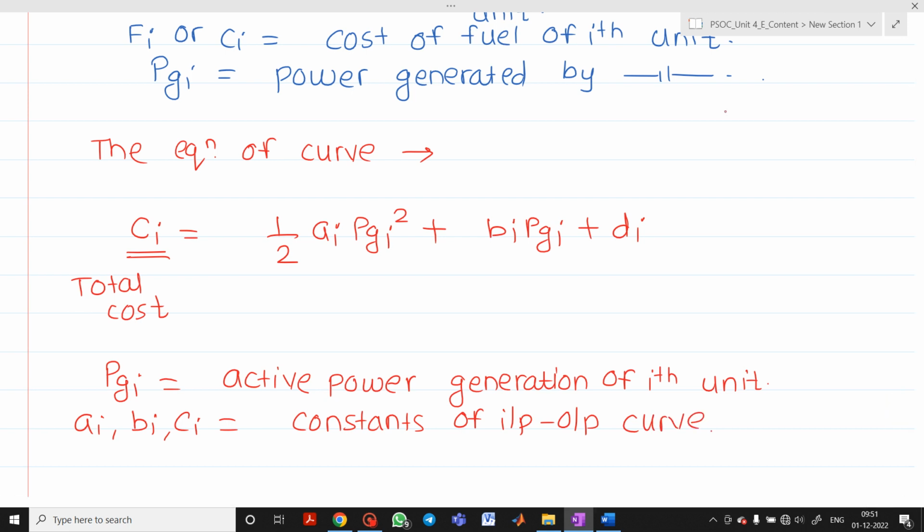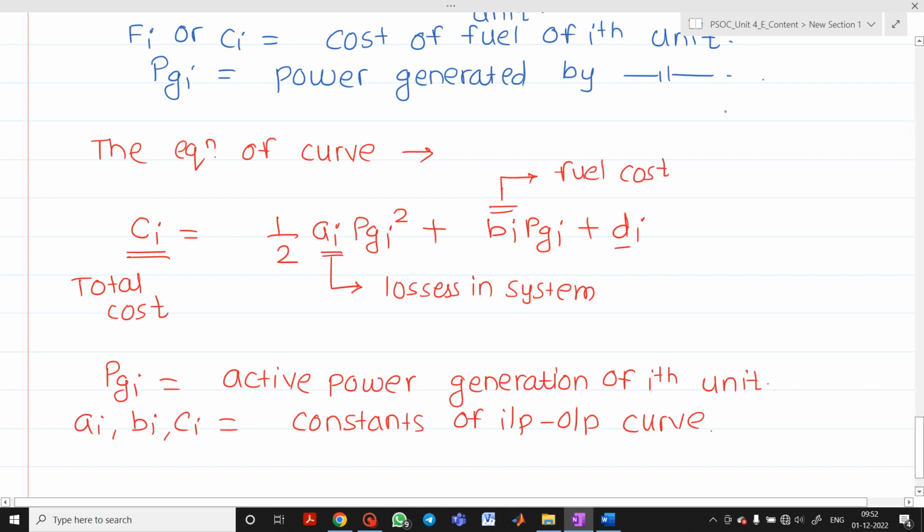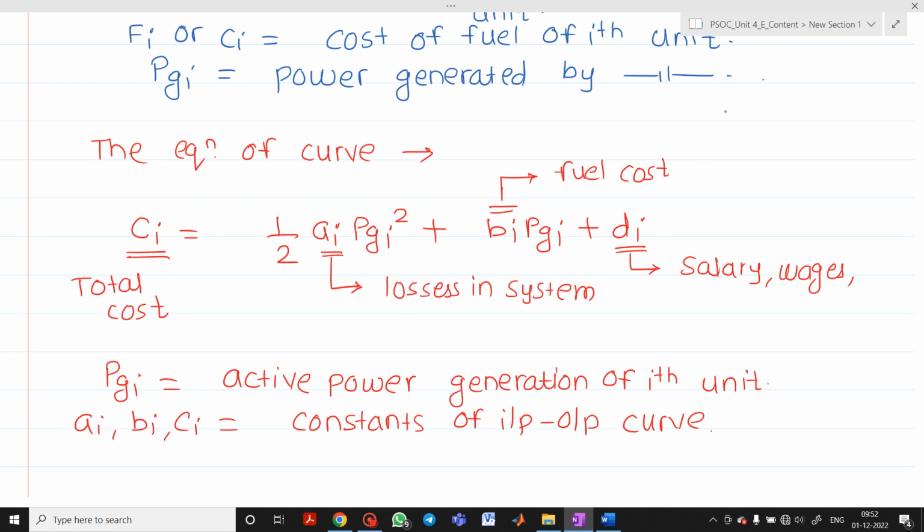Now what does this Ai measure? Please remember, this Ai measures losses in the system. This Bi, why is it used? What is the meaning of that? It is indicative of the fuel cost, and whatever term this Di is, it is related to the salary or wages of crew members or some interest or depreciation.